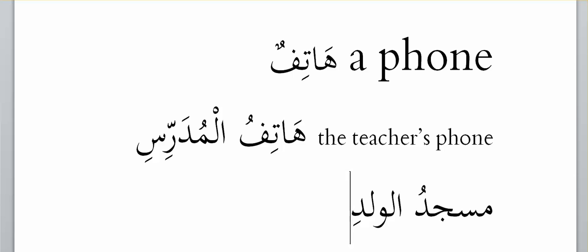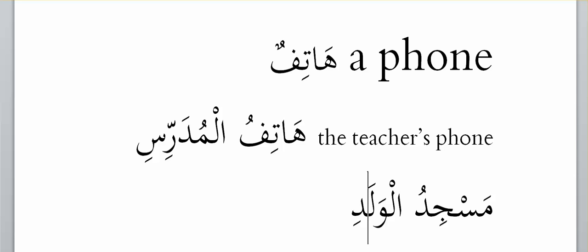Masjidul waladi. I just put in the last vowels because we know the words, we know the rest of the vowels. That's how you read Arabic without the vowels, by the way. After you get to know the word, you don't need to put it in anymore. Masjidul waladi means what? The boy's masjid, or the masjid of the boy.